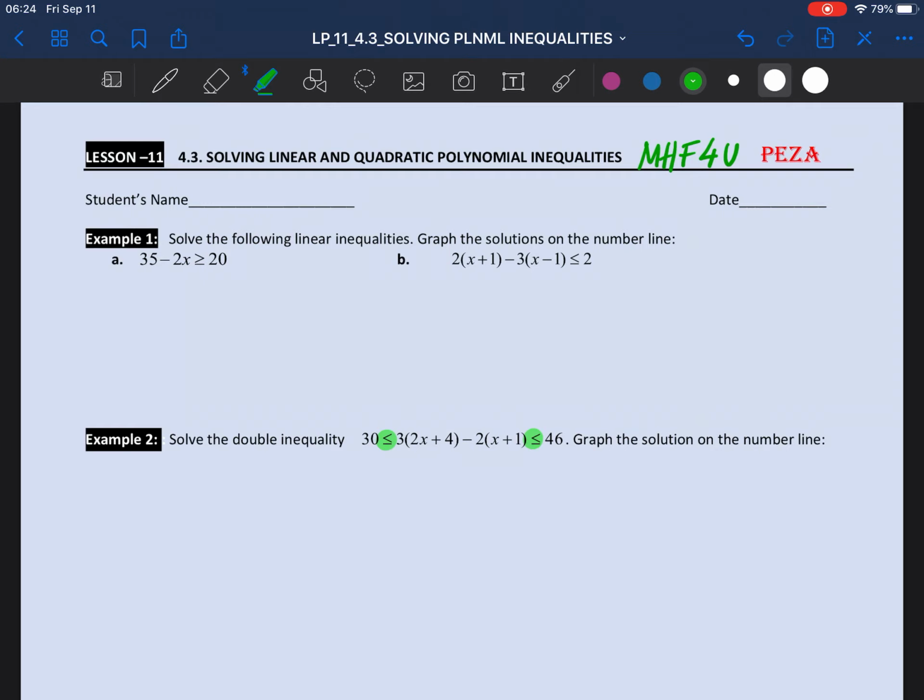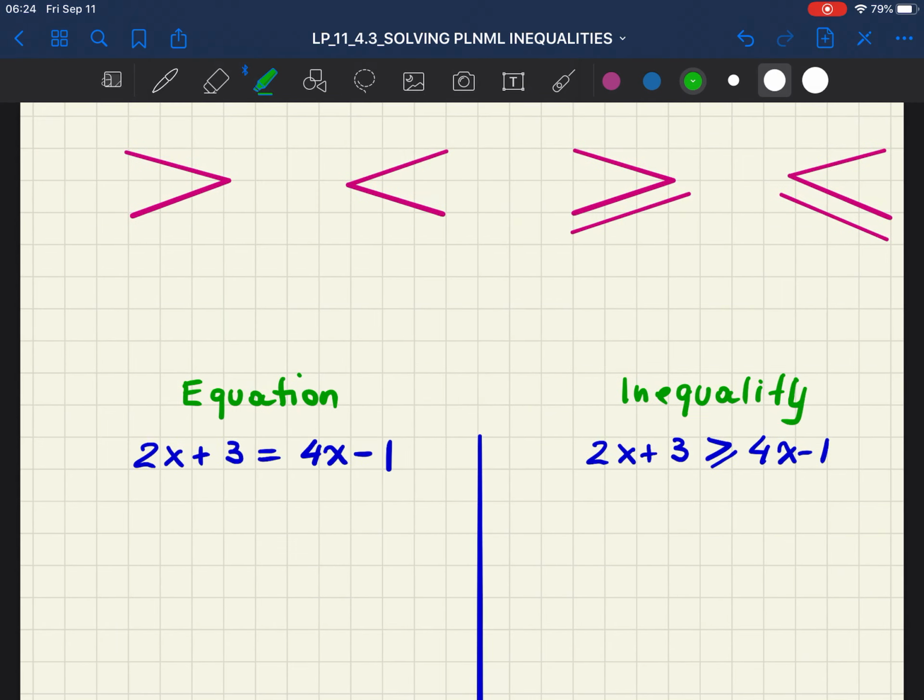But before I get started, I would like to talk to you about some of the language that we use in the process of solving inequalities. Whenever we're solving inequalities, we'll see one of the four signs that I've written down here. The first one means greater than.